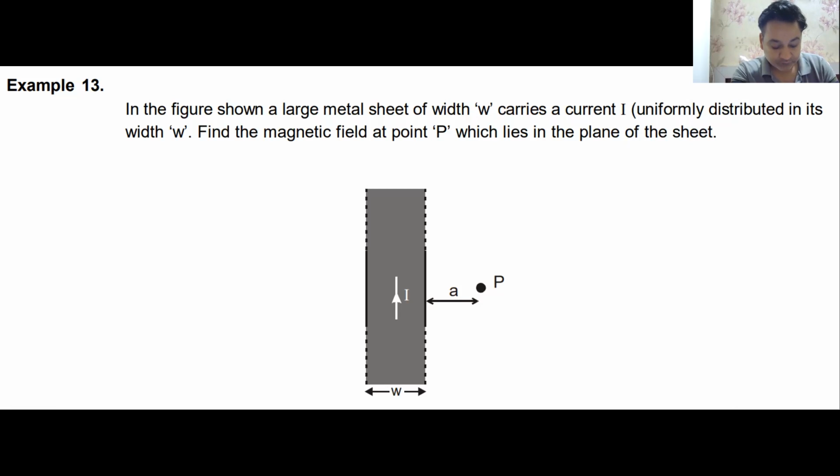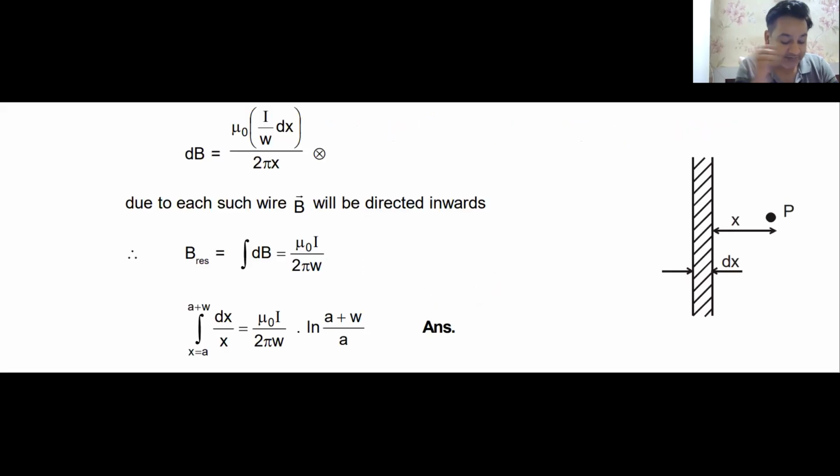Remember all these short answers, beta, because I don't want you guys to waste any time in solving these questions. And the standard answer is this: mu naught I by 2 pi W, ln of (a plus W) by a. Remember these standard results.